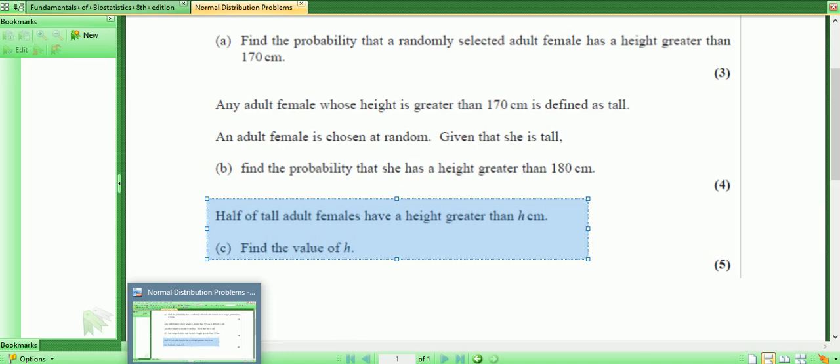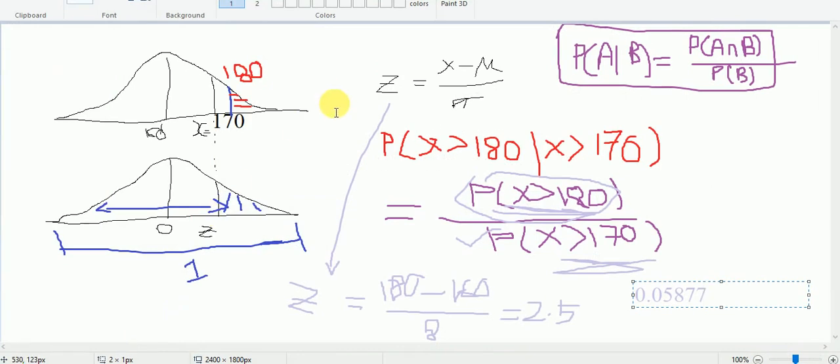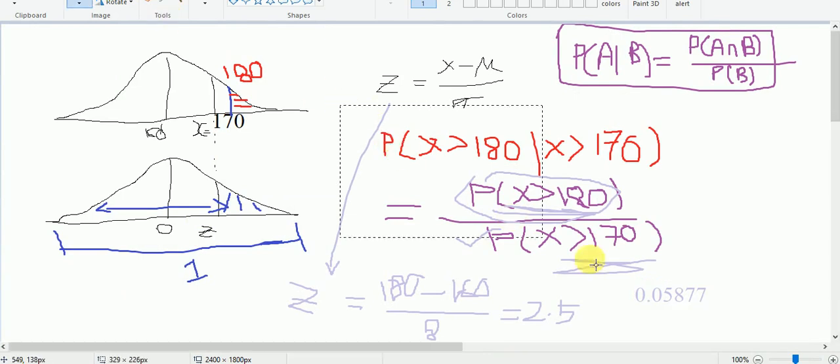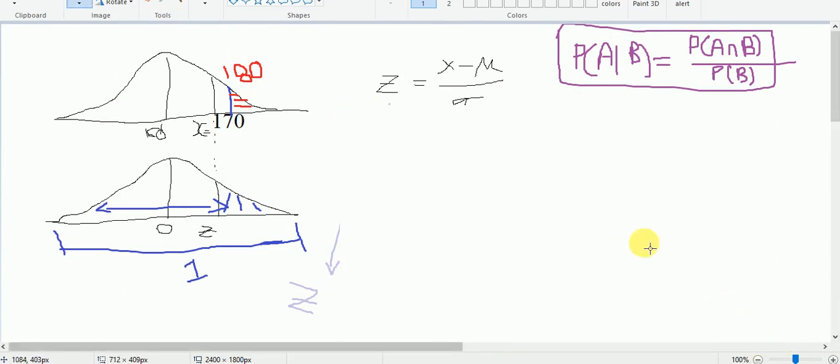What we need to find out here is the probability of x less than H, right?